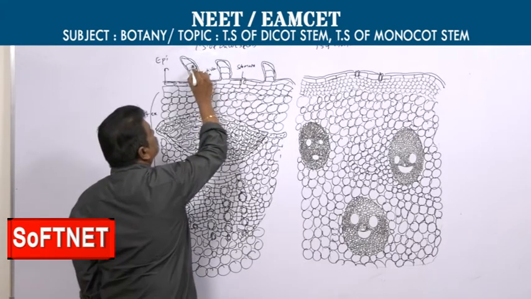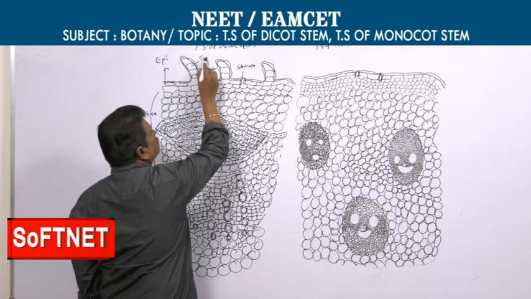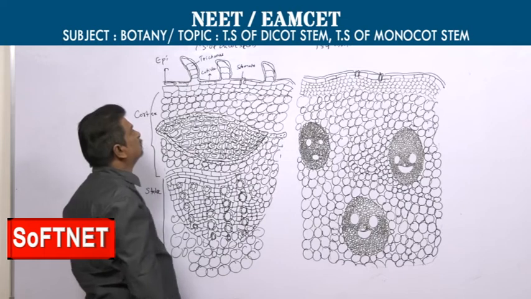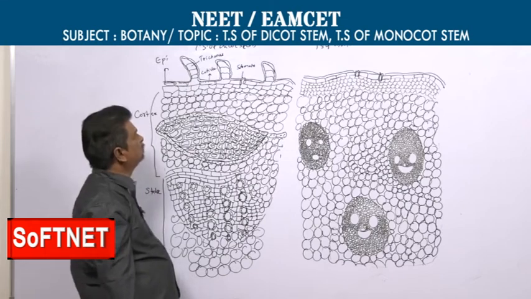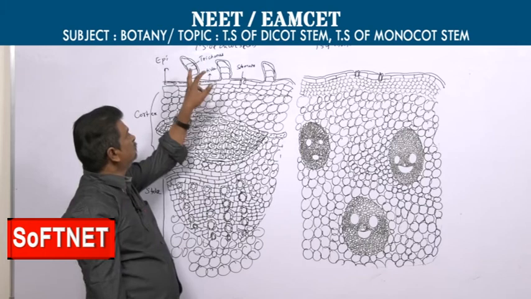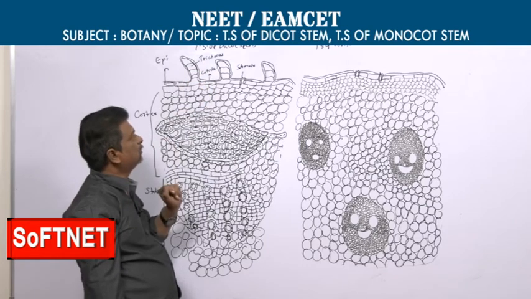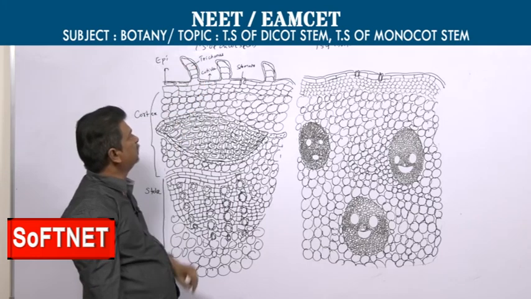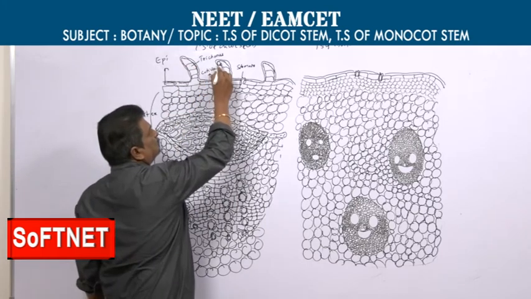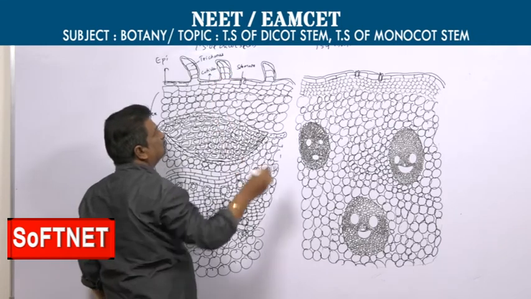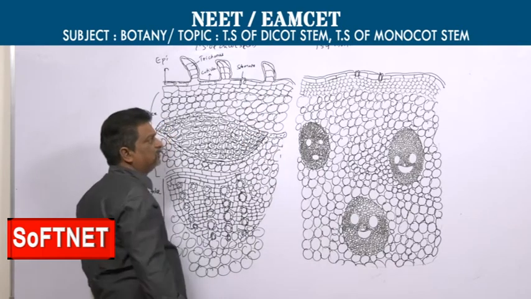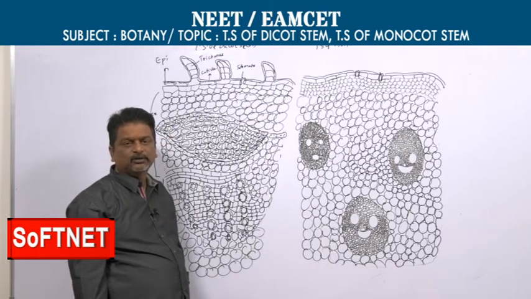Then this epidermis also produces multicellular outgrowths. Rightly, these multicellular outgrowths are called trichomes. Trichomes are multicellular, either uniseriate, cells arranged in one row, or biseriate, cells arranged in two rows, or multiseriate, cells arranged in many rows.